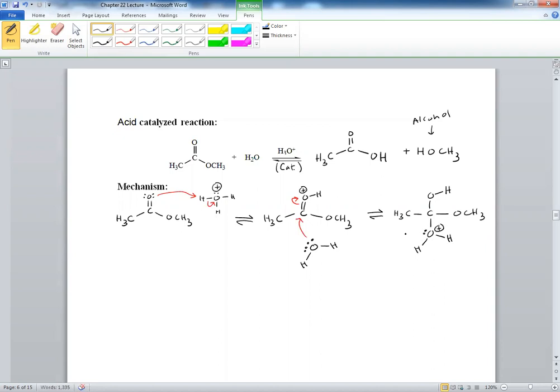This leaves a positive charge on the water. So now another water molecule will serve as a base to deprotonate the added water molecule.